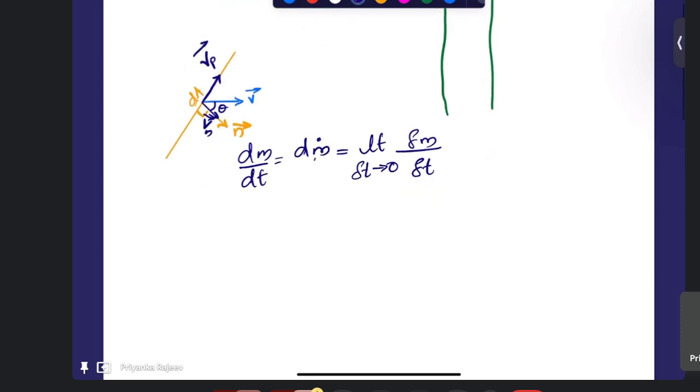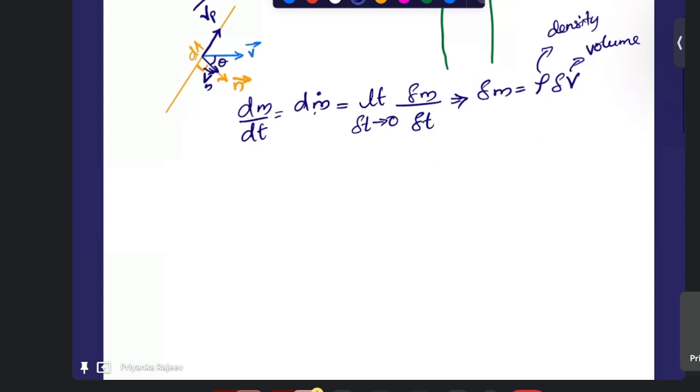Now this delta m can be written as what? Delta m equals rho times delta V, the change in volume. This is volume, and this is density.